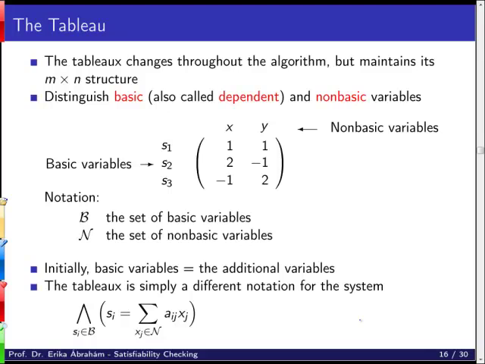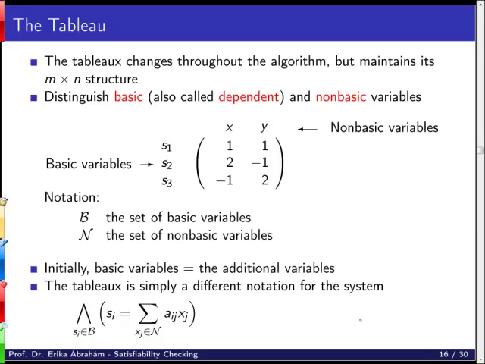In this notation, we will modify this tableau. We will modify the values, but the structure, the size of the matrix, will remain constant. And we distinguish between these variables, which are called non-basic, and these variables, which are called basic. We will use B for the set of basic variables and N for the set of non-basic variables.